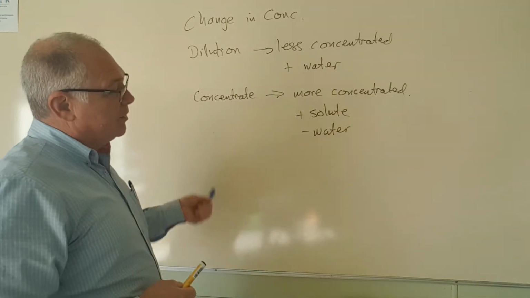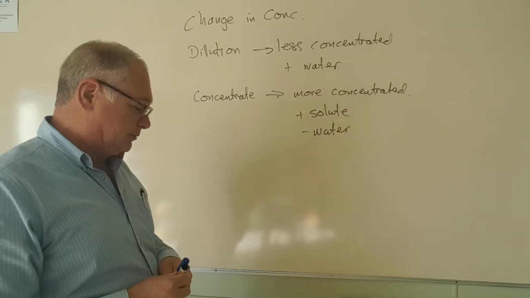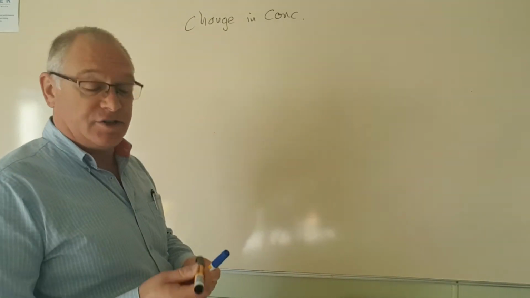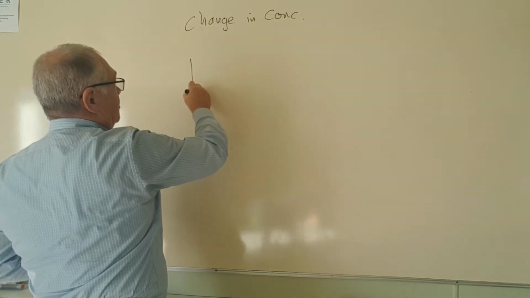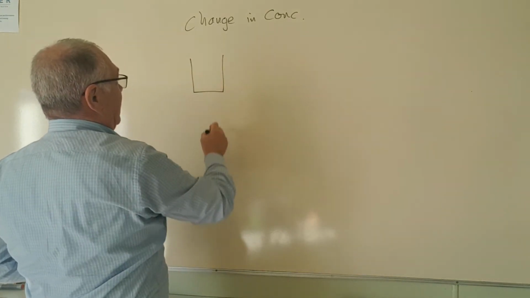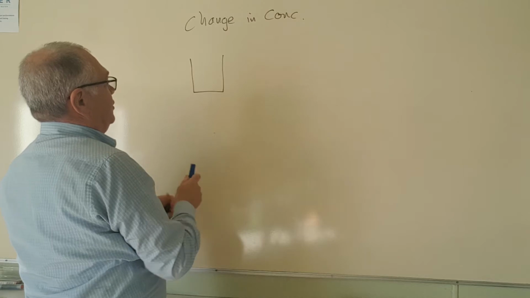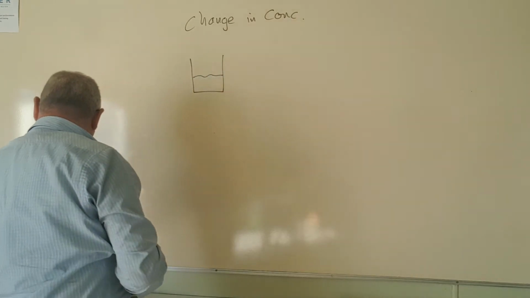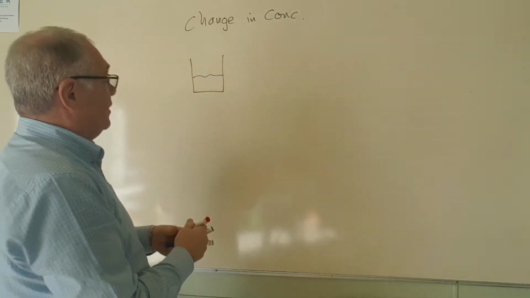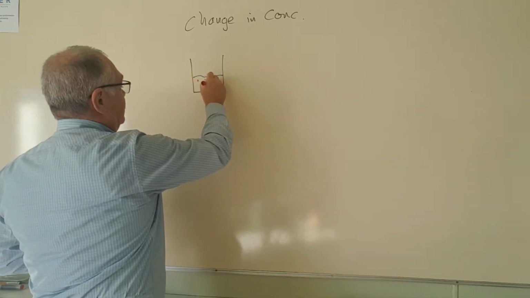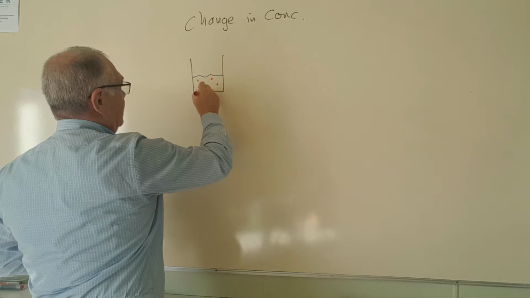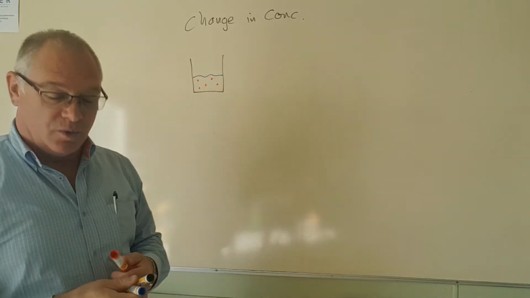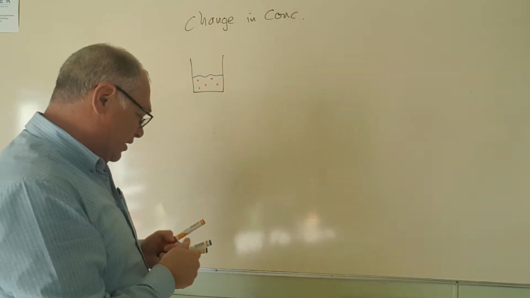So with a change of concentration, pretty much what we have is a first bucket with a certain quantity of water, and we have a certain number of solute particles dissolved in our water, and so we have a concentration.